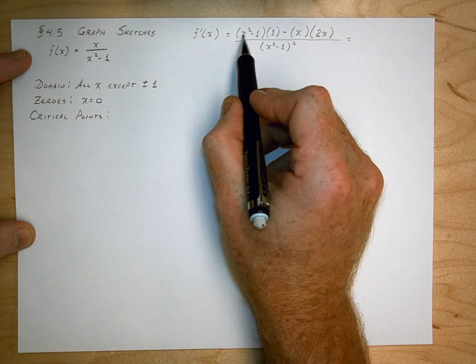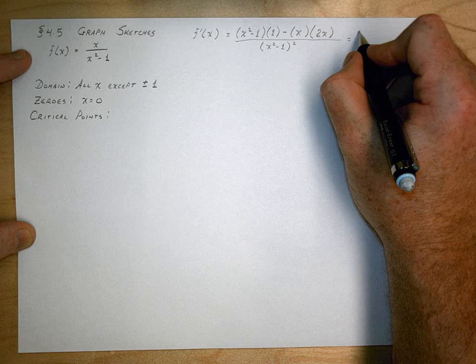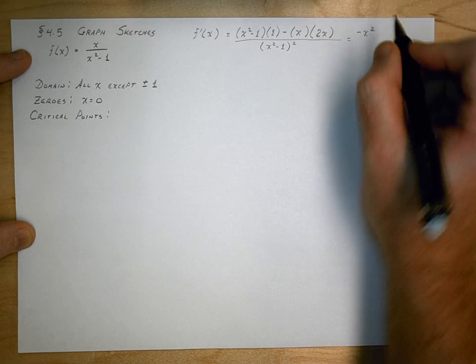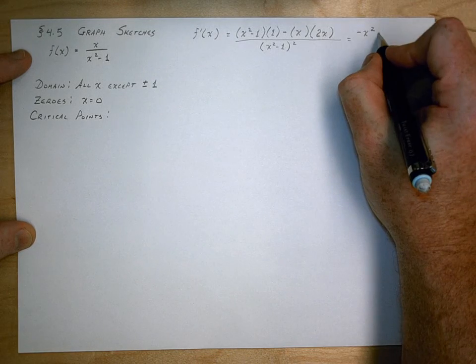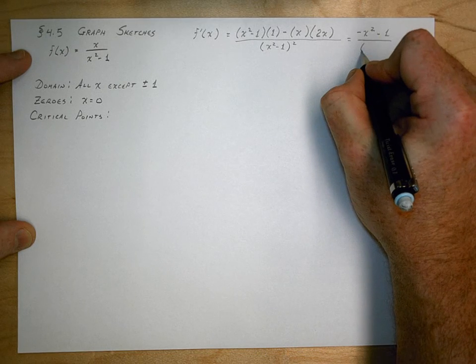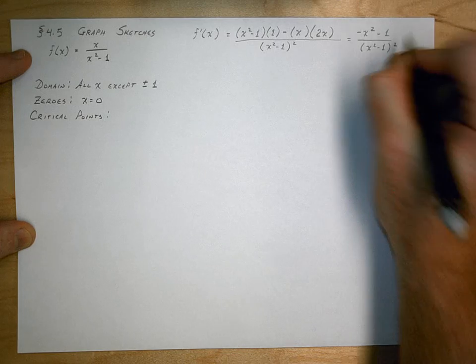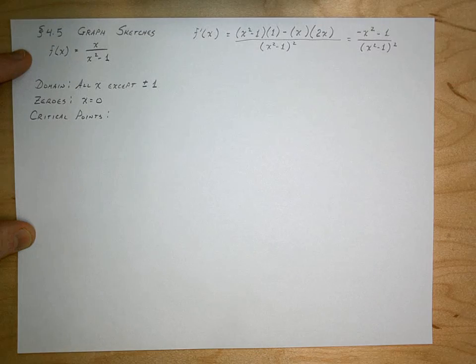Let's see, we've got an x squared. We're also going to have a minus 2x squared, so that gives me a negative x squared, a minus 1, and I'm going to leave this as is. So there's my first derivative.